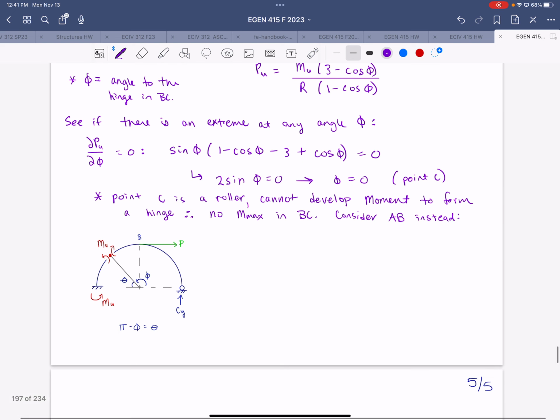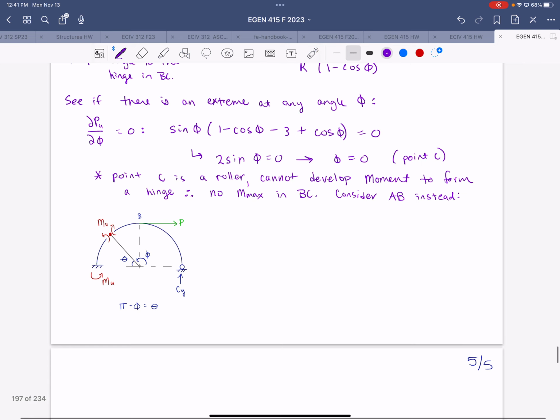All right, so now putting our hinge in AB, the free body diagram looks like this. We're going to use the right side of that free body diagram. And why do we have to consider these spans separately, by the way? Why couldn't we just figure this out with putting the hinge in one place? Because there's not an equation to define the distance to our hinge for the whole range.